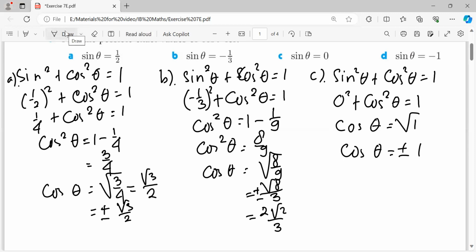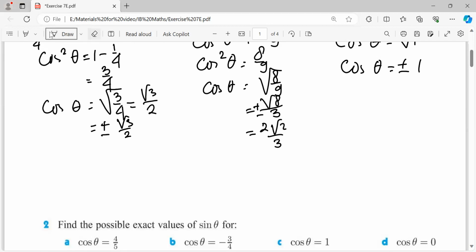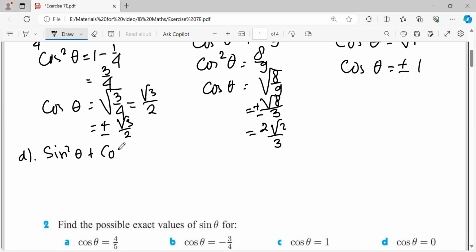And next, 1d, sine theta equals negative 1. I'm going to use this same equation: sine squared theta plus cosine squared theta equals 1.